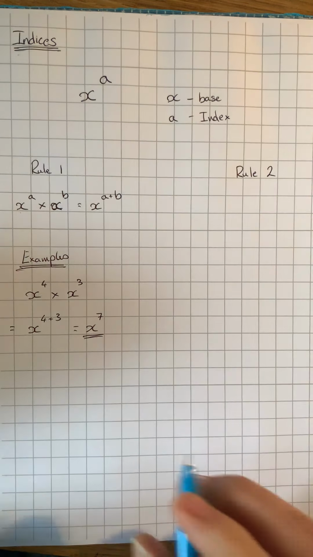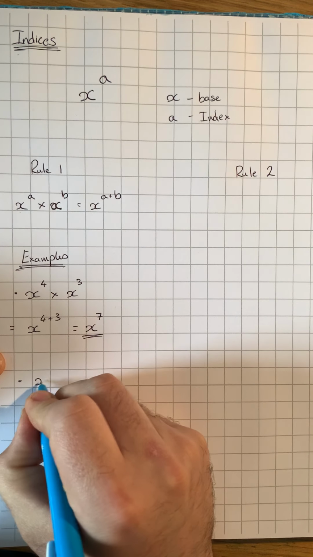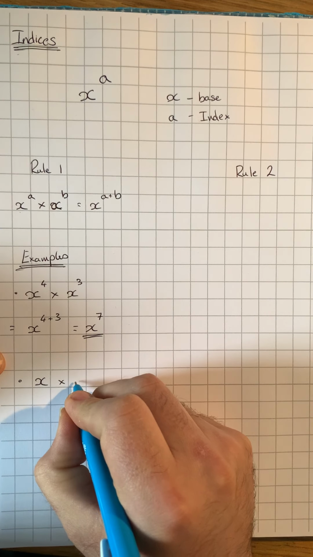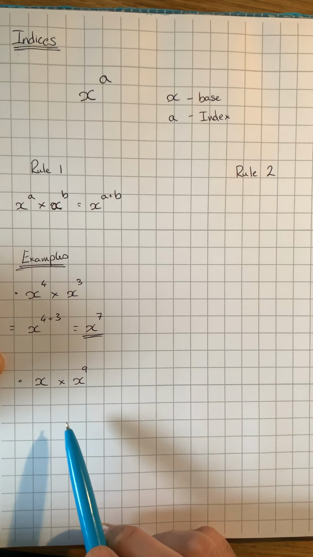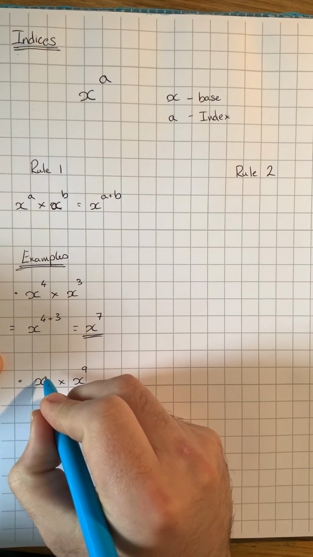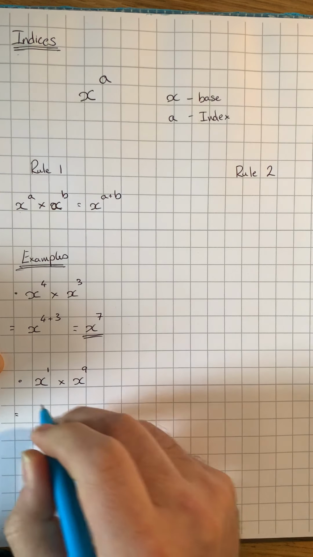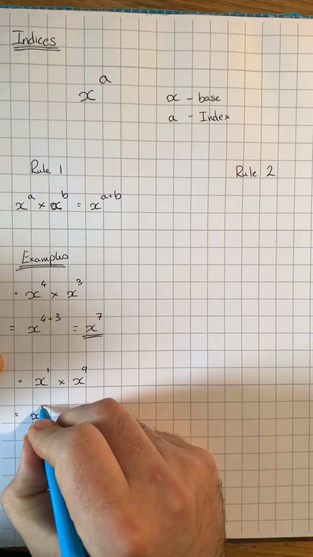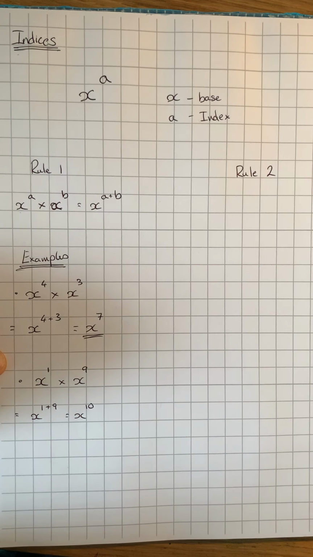Now one thing you might come across is an example where you have x times x to the 9. Although you can't see it here, there is an actual index here, and it's an index of 1. So this just means we have x to the power of 1 add 9, which gives us x to the 10.